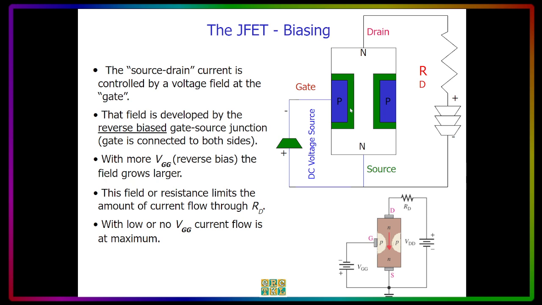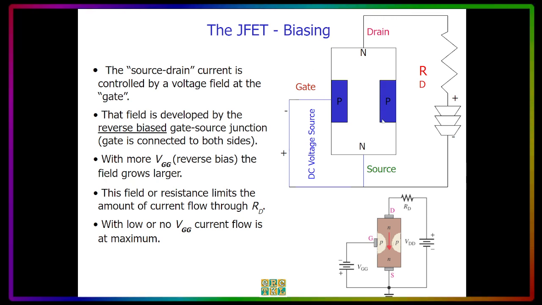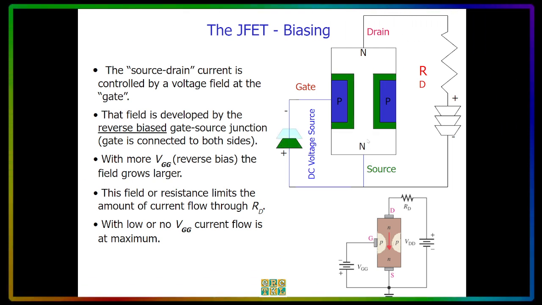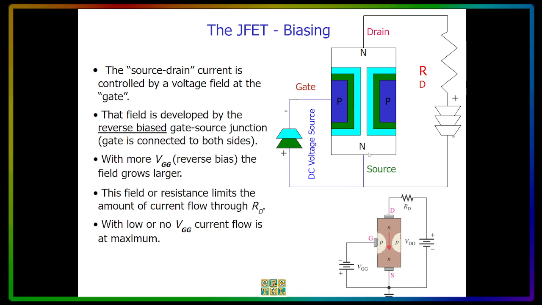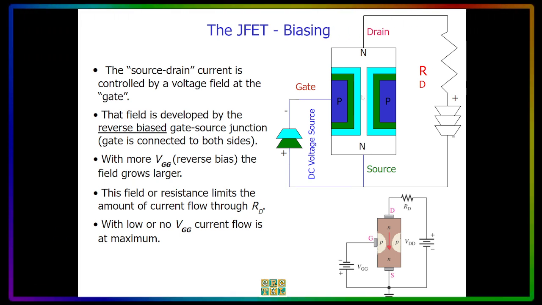So as you can see, compared before, there's a wider channel for the current to flow, but the moment you apply more voltage on the gate, then the depletion layer will be bigger, or in effect, the channel will be narrower.